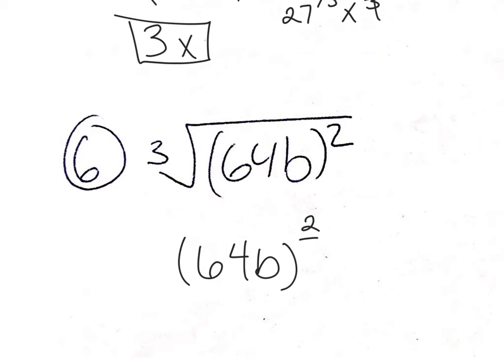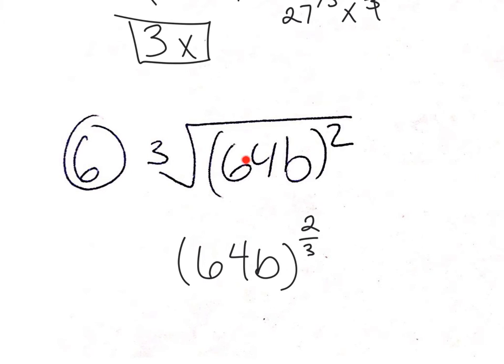Our exponent is 2, the exponent's on the top, and our index is 3. And that's how we convert it. We could also solve for that. If we had our chart out, the cube root of 64, because this is going to go here and here. But it might be a little bit easier just to solve it this way.